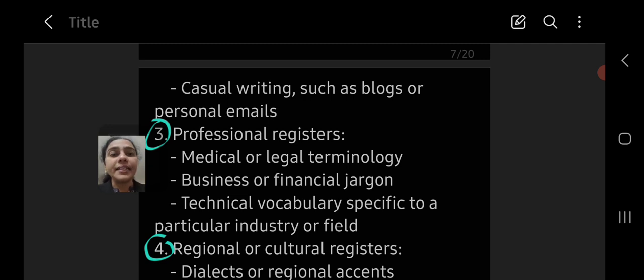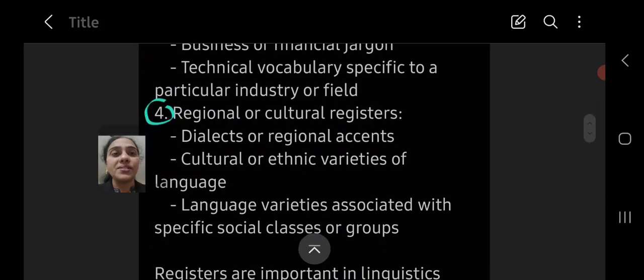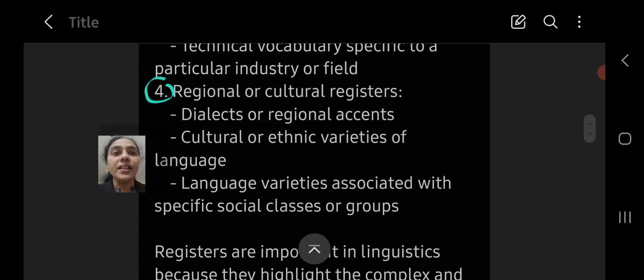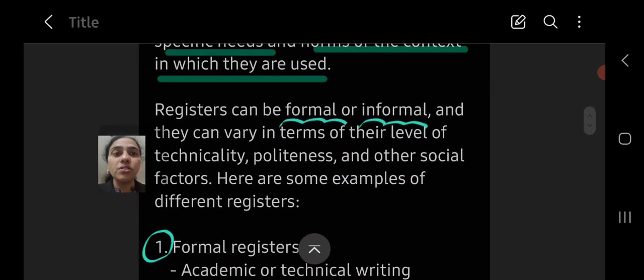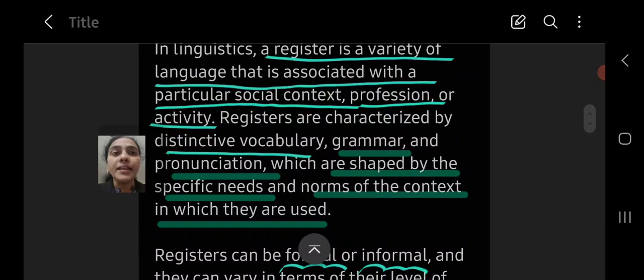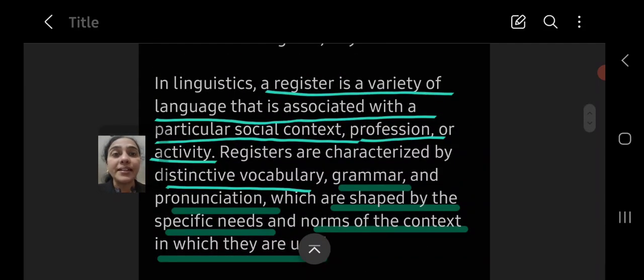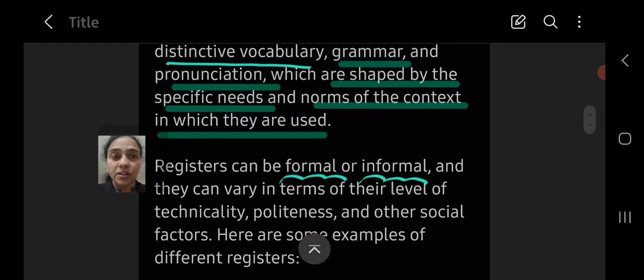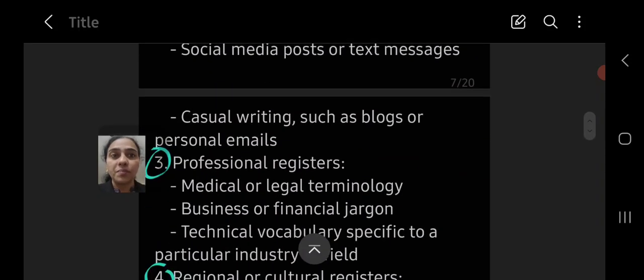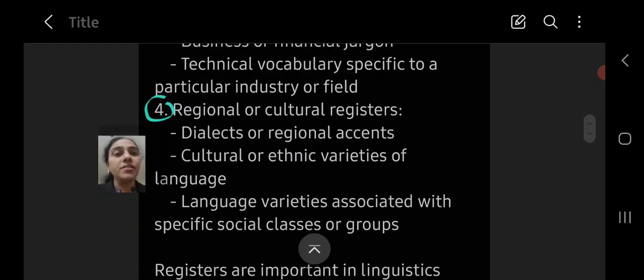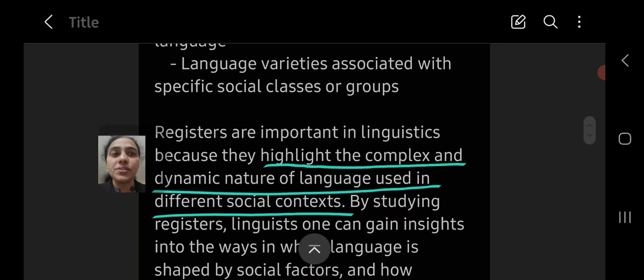The fourth category is regional or cultural registers, where we'll include the dialects and regional accents, the cultural or ethnic varieties of language. So, what did you learn now? You have to write about the definition of the register and what it includes. How many types are there? 4 types: formal, informal, professional, regional registers.